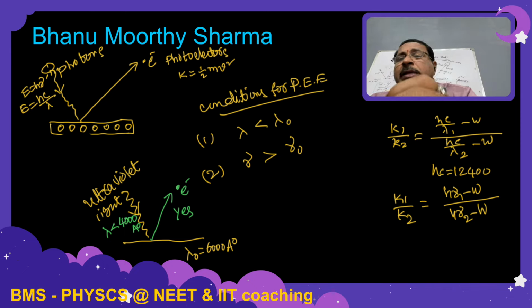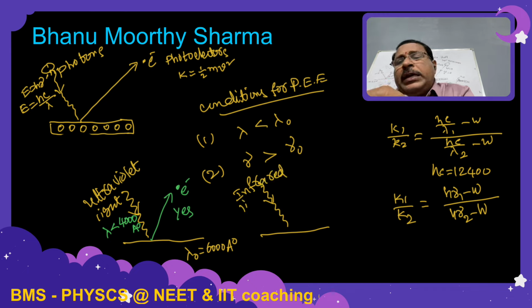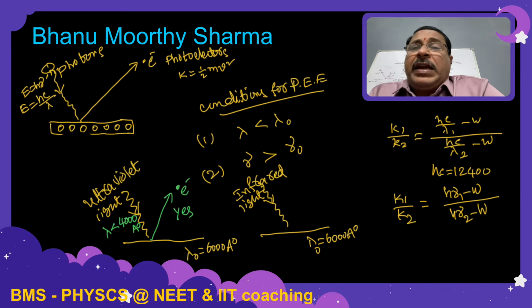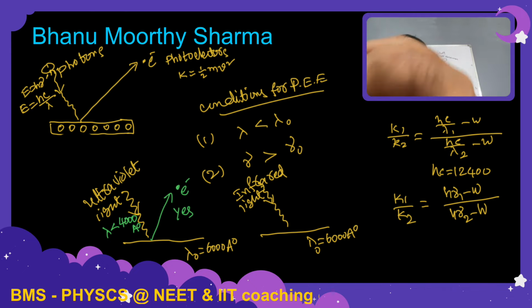Second one, my next question is, suppose infrared light is allowed to fall on the metal surface of the same threshold wavelength, 6000 angstrom. Does photoelectric effect occur, or do photoelectrons release? That is the question. Answer is what?